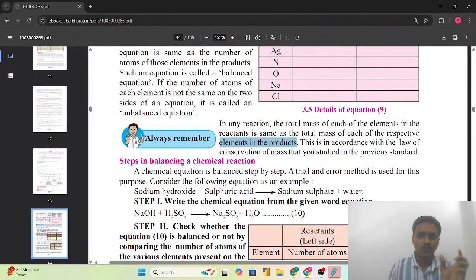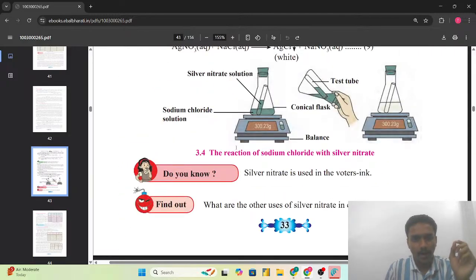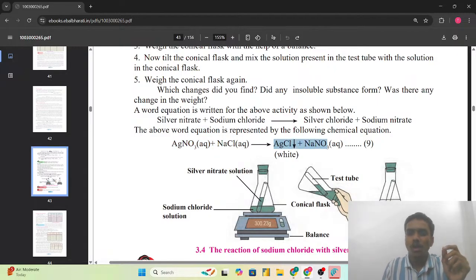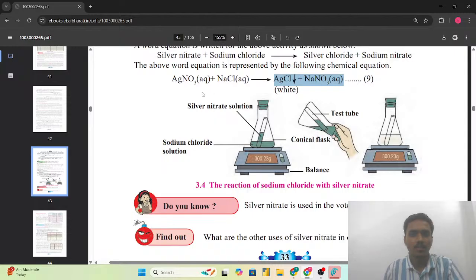So if we calculate the atomic mass of the reactants which are taking part in the chemical reaction, and if we also calculate the atomic masses of the product side elements, then we can see that the atomic mass of the reactants and the products are the same. Here the atomic mass calculated is 300.23 gram, and the same is calculated on the other side, that is 300.23 gram.